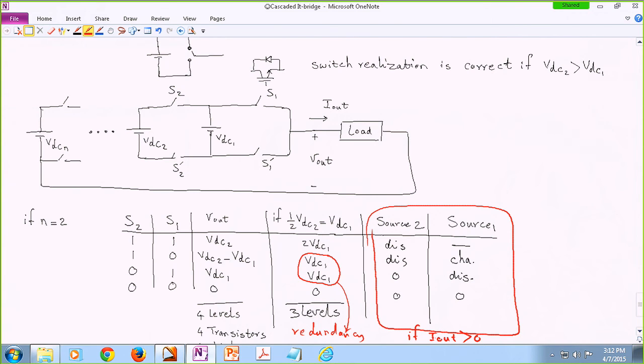If we assume that the output current is positive, by the way, the output current does not necessarily have to be bidirectional. It could always be positive, for instance if we are looking at a DC to DC converter. Or it could be negative or positive, it doesn't matter.